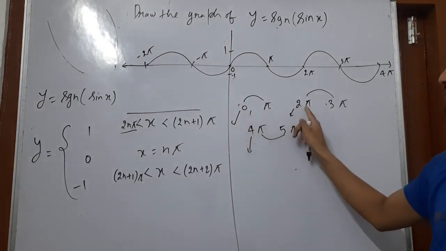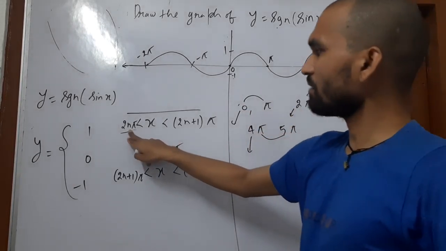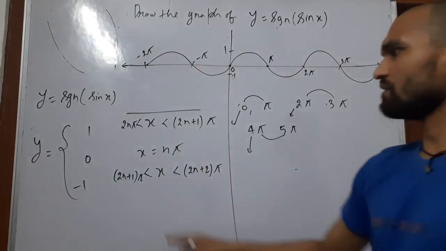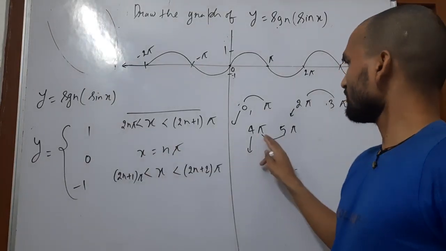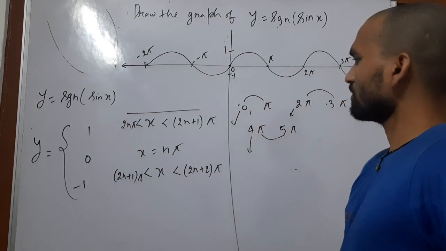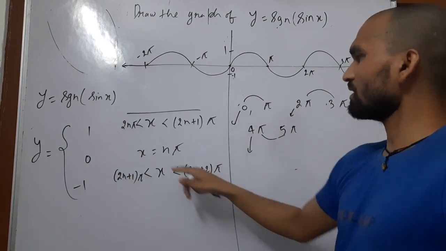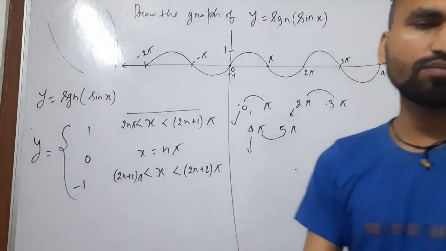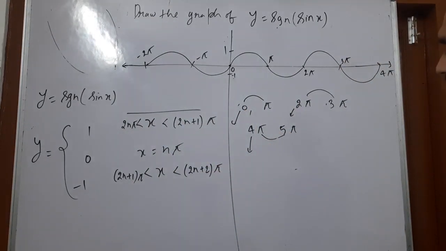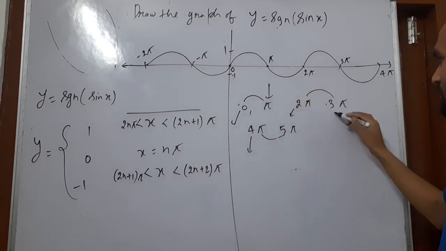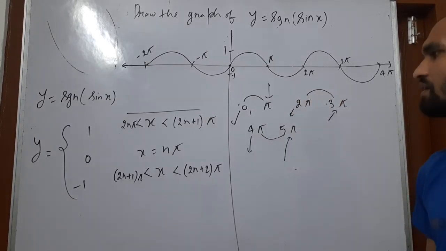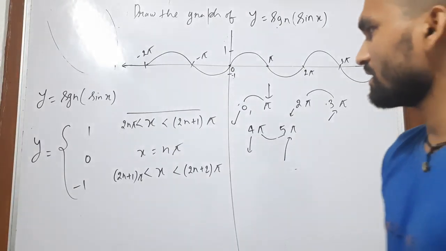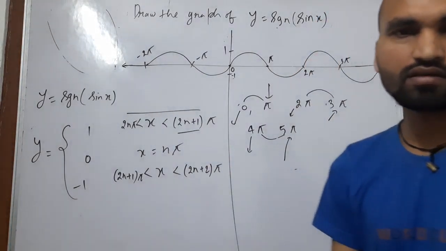So the first values are even, and the general form of 0, 2 and 4 is 2n, and pi is also multiplied here, so we have taken pi. After that, if we observe pi, 3 pi, 5 pi, these are odd values and we know that odd values are represented by 2n plus 1.